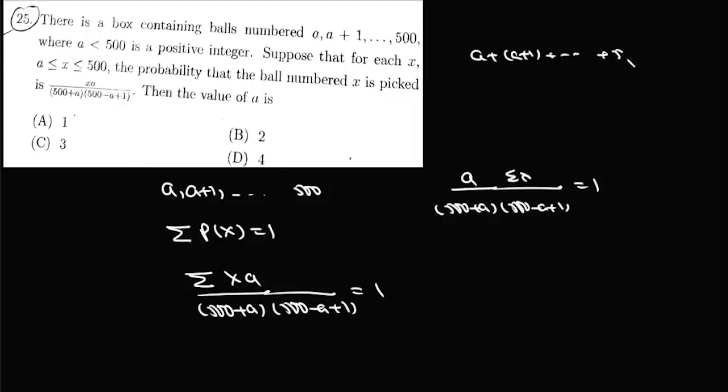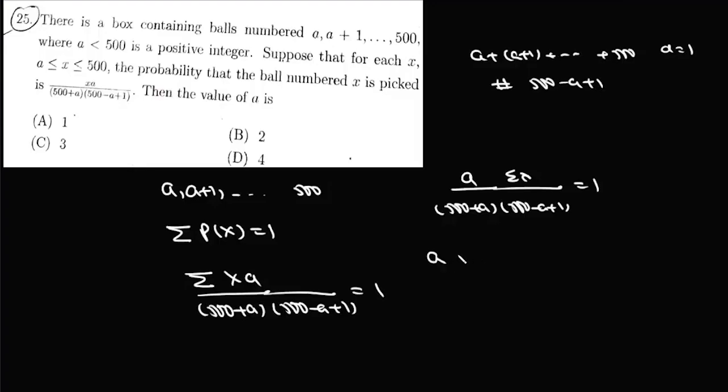Now we can take a upon (500 plus a) into (500 minus a plus 1) out, and then it will be simply this summation of x, and it is equal to 1. Now what is summation x? It is a plus 1 up to 500, which is an AP with common difference 1. Now the number of terms in this AP will be 500 minus a plus 1.